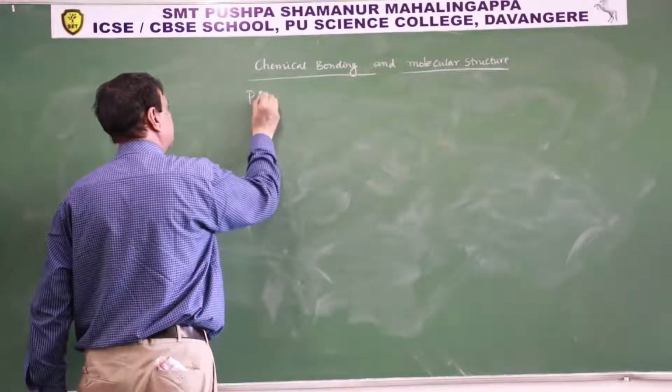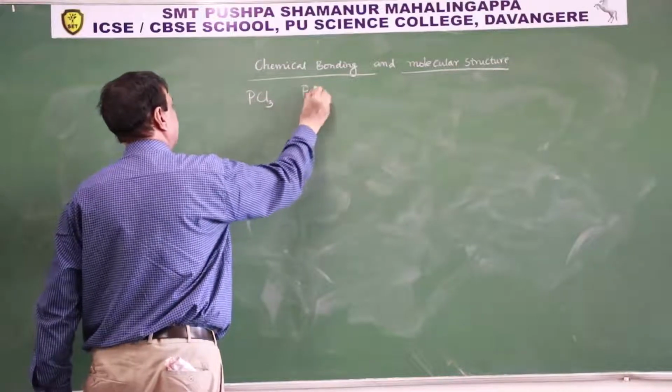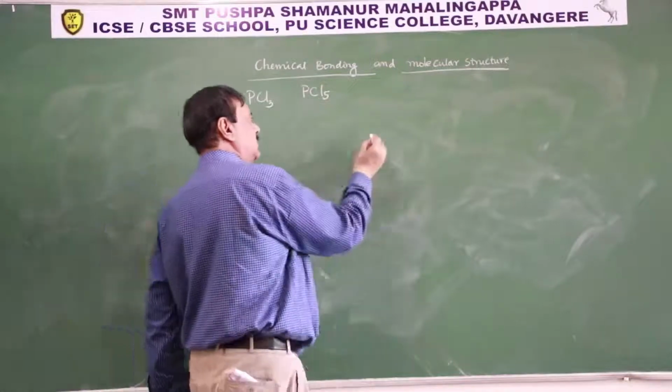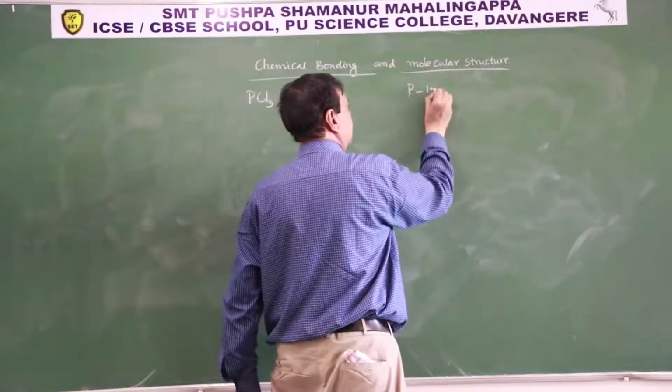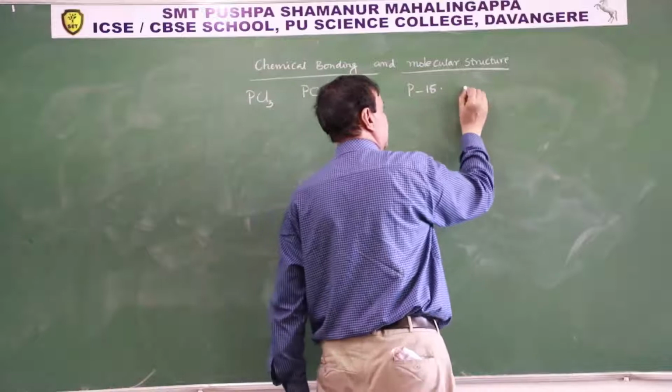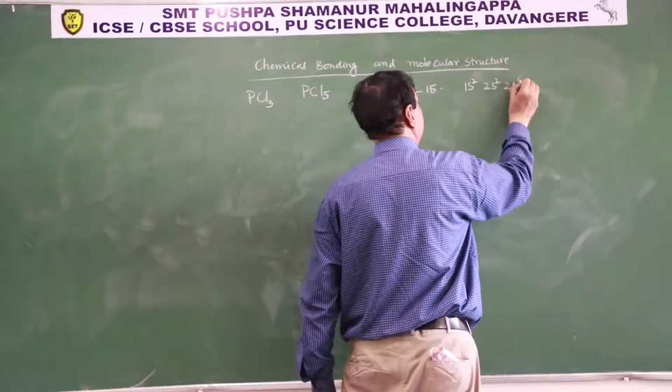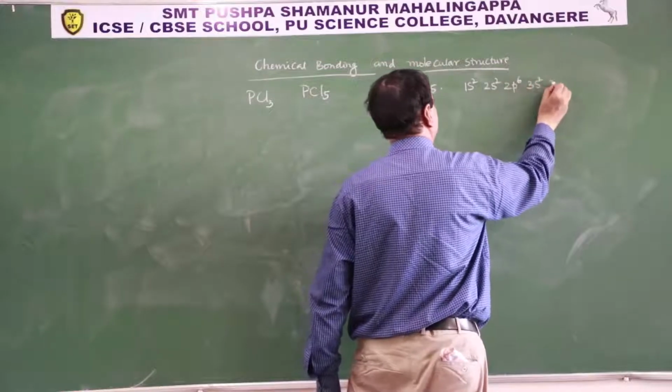Now PCl3 and PCl5. There is phosphorus, atomic number 15. Its electronic configuration is 1s2, 2s2, 2p6, 3s2, 3p3.